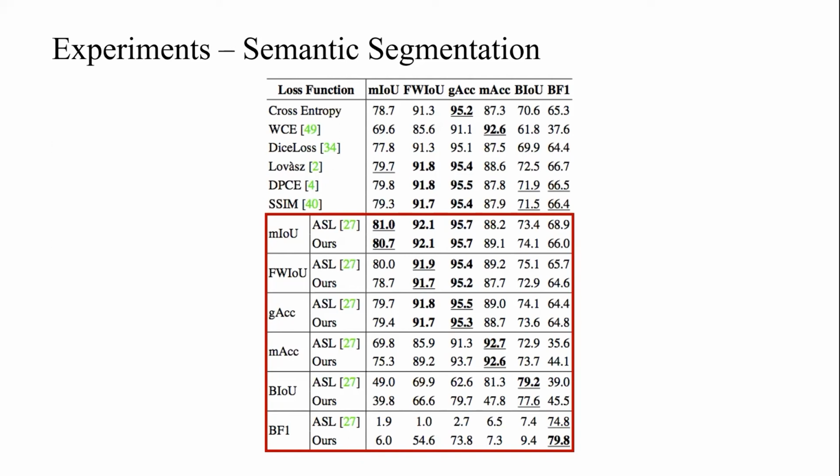Basically, the results are on par, but remember that AutoSegLoss exploits the task-specific heuristics of semantic segmentation. Meanwhile, AutoLoss-Zero did not exploit any task-specific heuristics. It is more generic and requires much less human expertise.